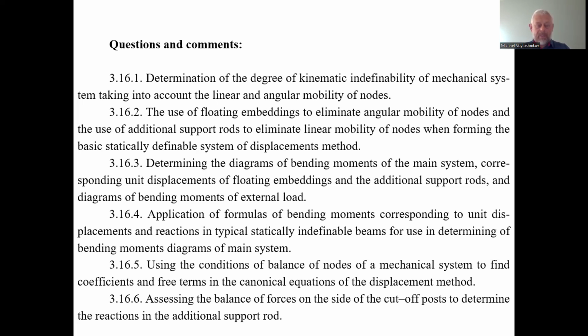If, for example, we consider the impact of the unit displacement in the floating embeddings, in the sliding embeddings assigned as extra connections, and next assuming the unit displacement of these connections, how did they impact the forces arising in the other extra connections, like extra supporting rods.